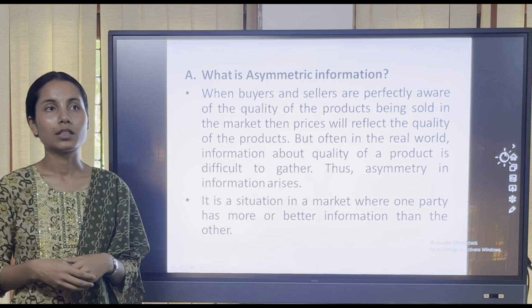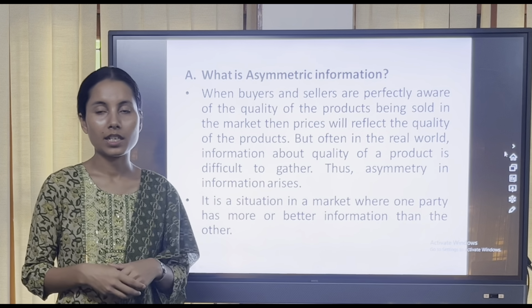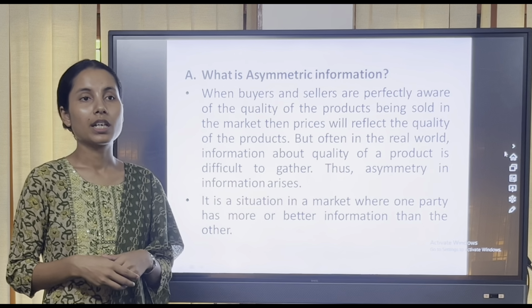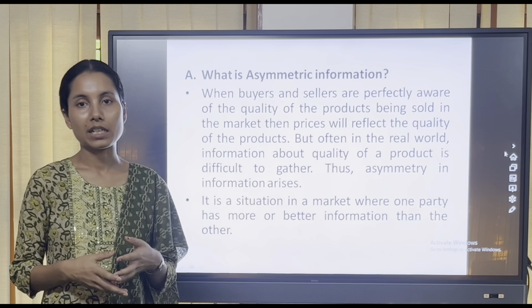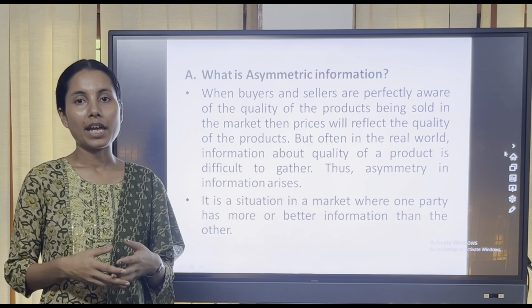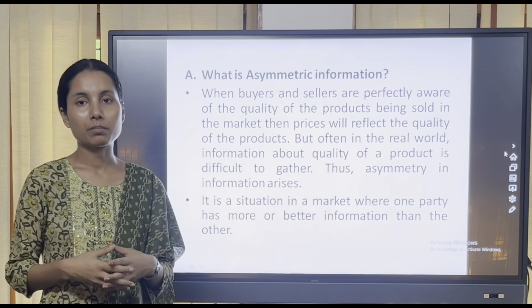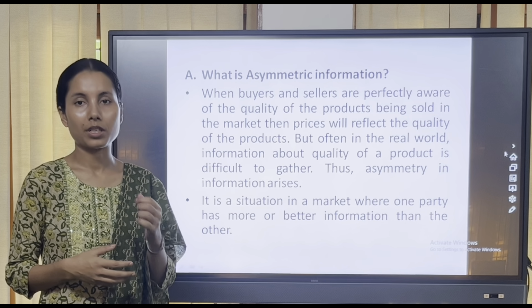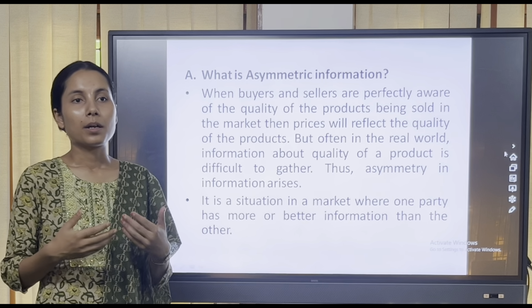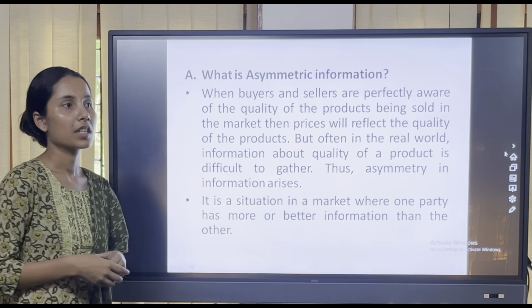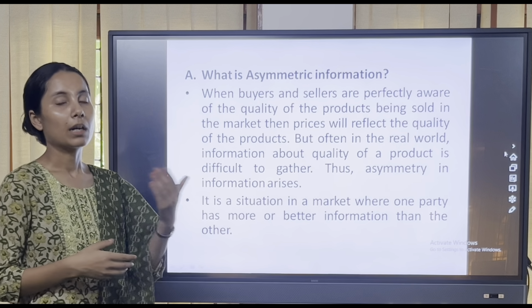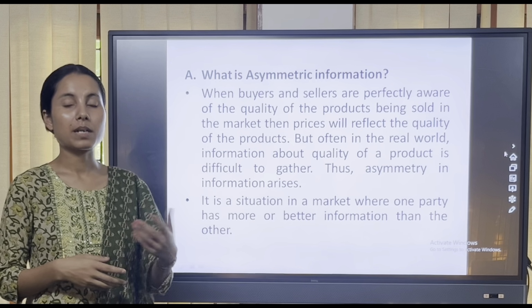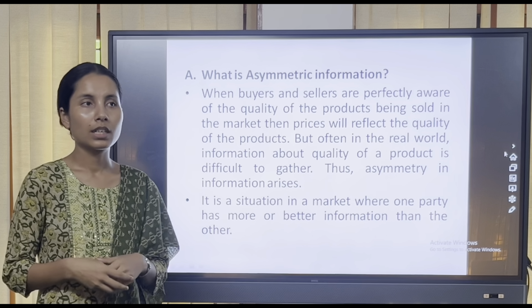Normally, there are two parties involved in a market system, buyers and sellers. And every product that comes to the market has a certain price attached to it. Suppose a buyer comes to the market, for example, looking for a water bottle.